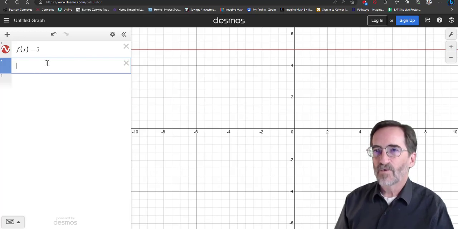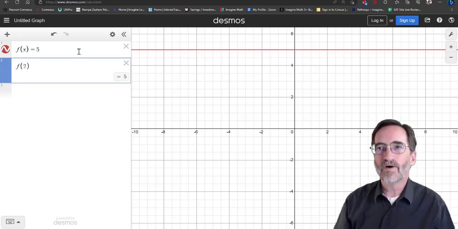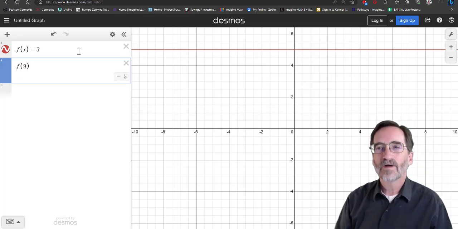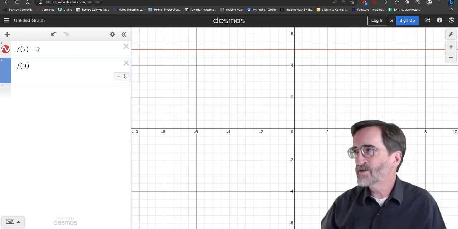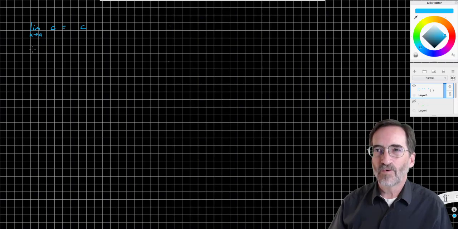So f of 2 is equal to 5. f of 3 is equal to 5. f of 9 is equal to 5. It doesn't matter what the function value is. So the limit of a constant is always that constant. All right, so that's important to note.